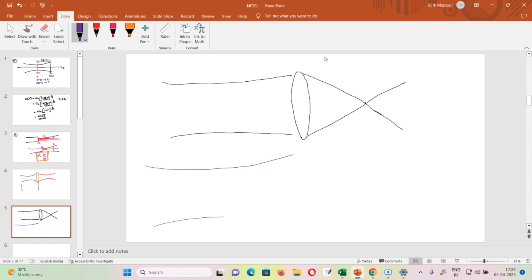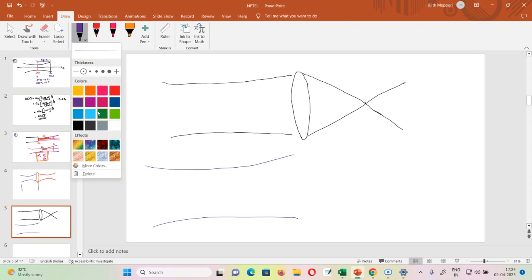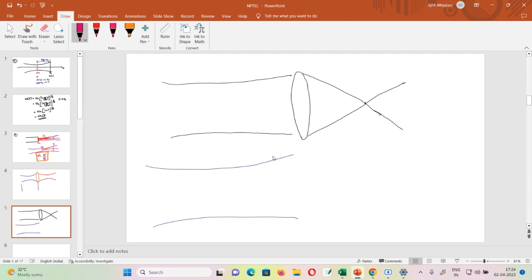So I say that this will be my incoming beam, and I'm using a lens to focus. This is the same kind of lens I am using. So I may get something like a focus phenomenon, but it is not an exact focus.